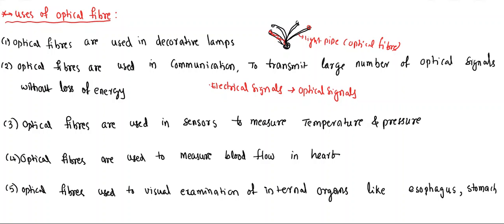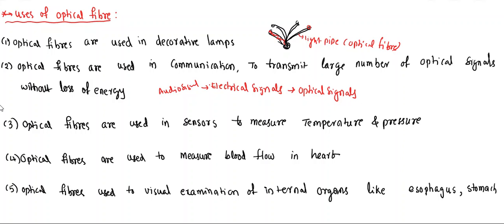That means audio or any other signals we can convert into electrical signals, and electrical signals into optical signals. Then we can transmit through the pipe so many signals without loss of energy. And then the next one is the third application.